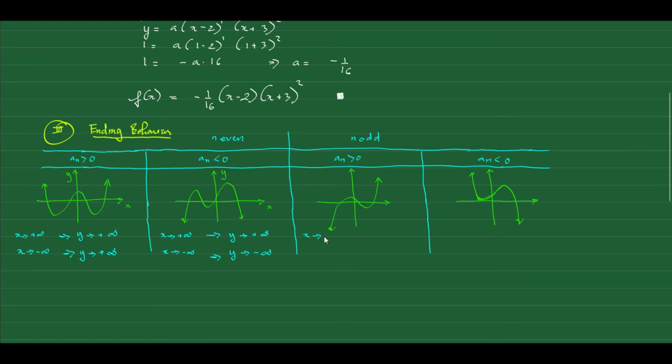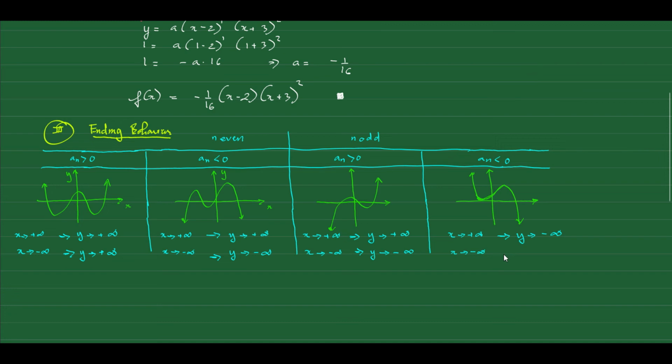When x approaches positive infinity, going to the right, the function goes up, so y approaches positive infinity. When x approaches negative infinity, the function goes down, y approaches negative infinity. Same thing over here: when x approaches positive infinity, to the right, the function goes down. When x approaches negative infinity, the function goes up.